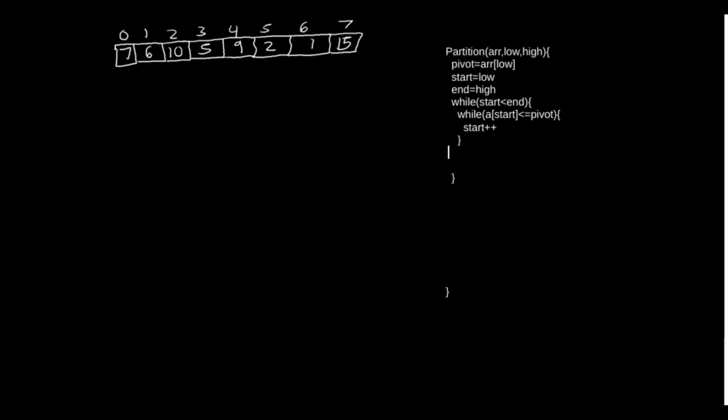We move the start forward, and we move the end pointer, so the start moves to the right and the end pointer moves to the left. And if the end pointer passes the start pointer, then we stop the loop.